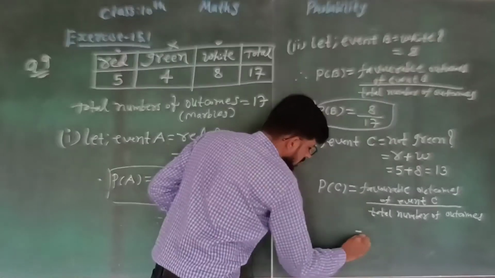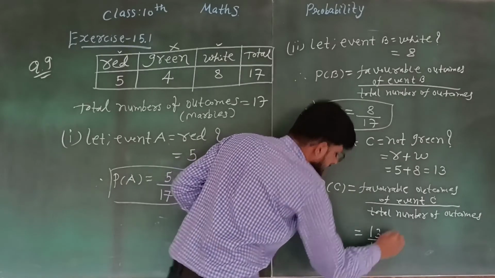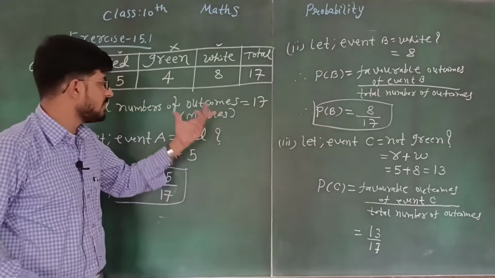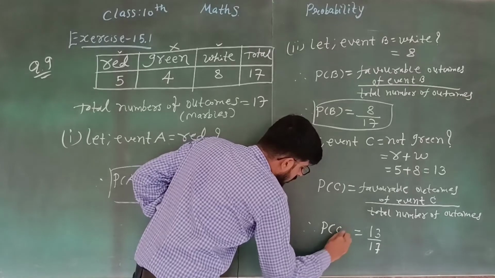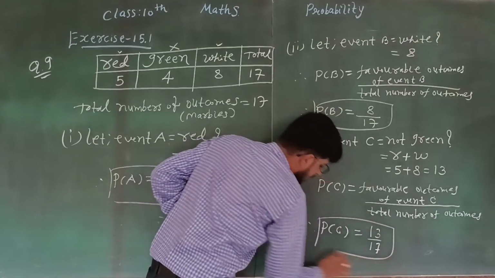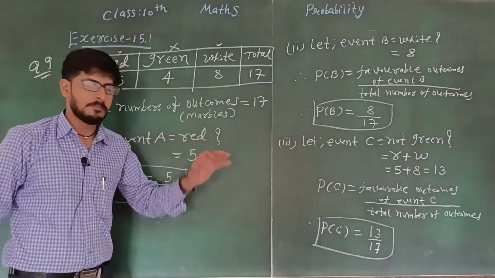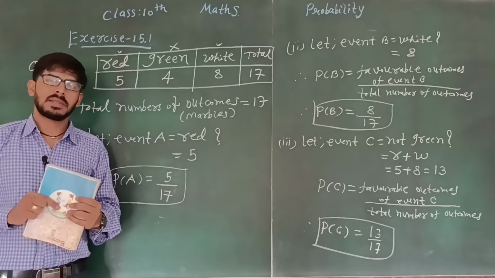So we get 13 upon 17, because the total number of outcomes will be the same, 17. Therefore the probability of a not green marble, the probability of C, is 13 by 17.